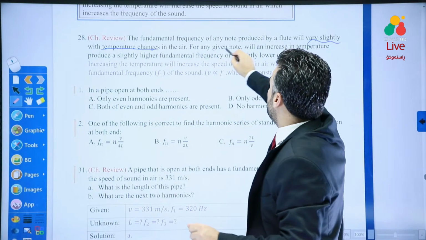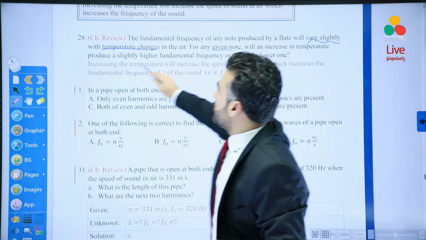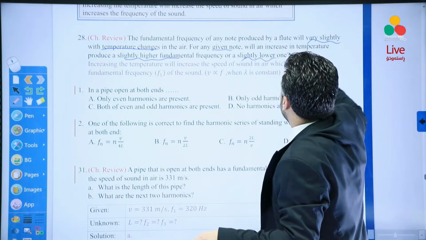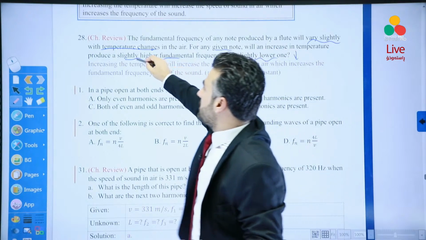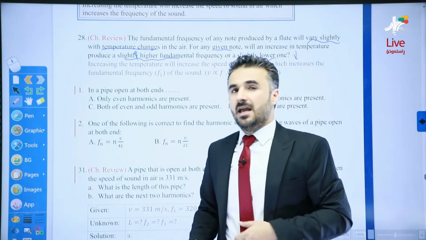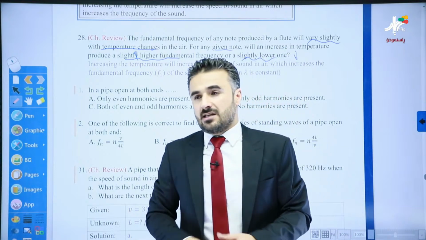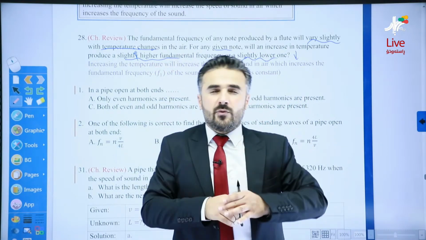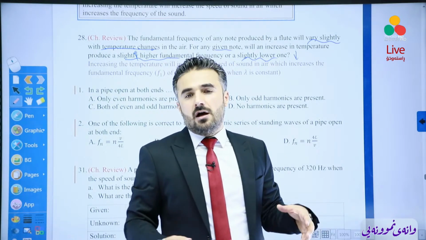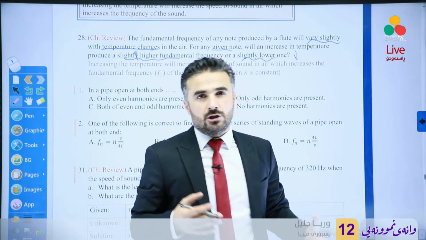But for any given note, will an increase in temperature produce a slightly higher or slightly lower fundamental frequency? The question tells you that temperature will affect the fundamental frequency, but will it increase or decrease it? And how do we answer this correctly?